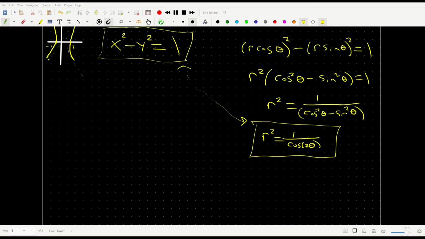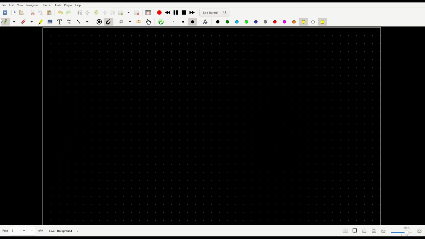The last conversion example that I'll go over right now will be that of a circle that's shifted away from the origin. And we'll just put in some numbers to make it a little bit more tractable. So this is going to be the circle that shifted by 3 away from the origin in the x direction.